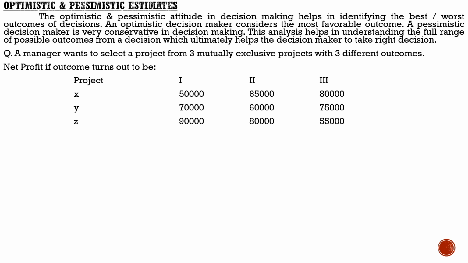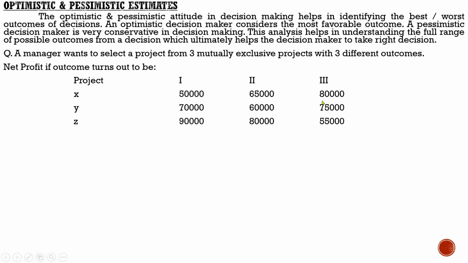But if you go to the second project, you can see that in the outcome where the amount was high in X, the amount will be small. In the case of X, our third outcome was 80,000, but in project Y, the third outcome was 75,000. So that depends. If you go through Z, it isn't like that.